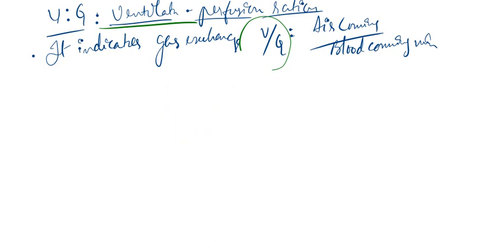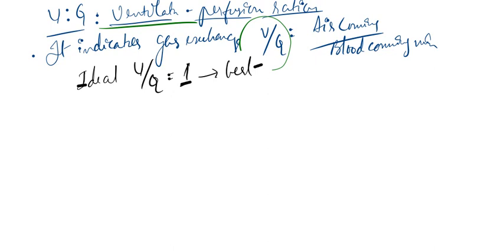Now for example, the ideal VQ ratio, I am speaking of ideal, is 1. That indicates the best exchange.